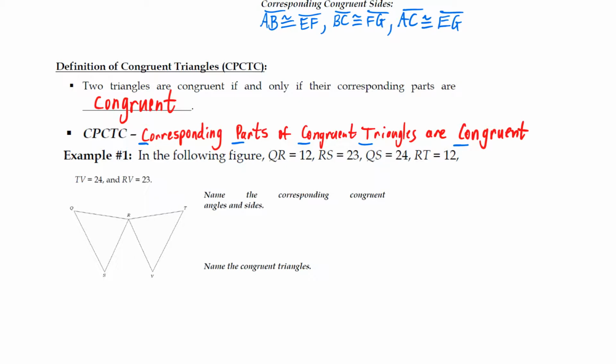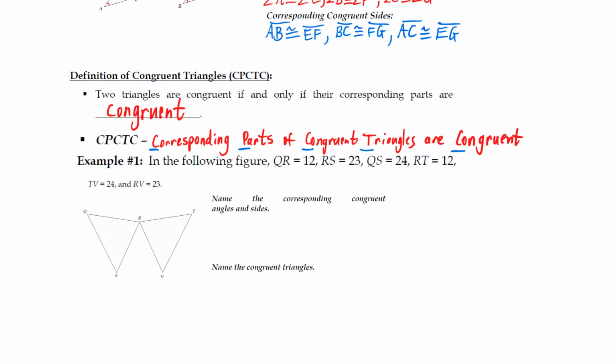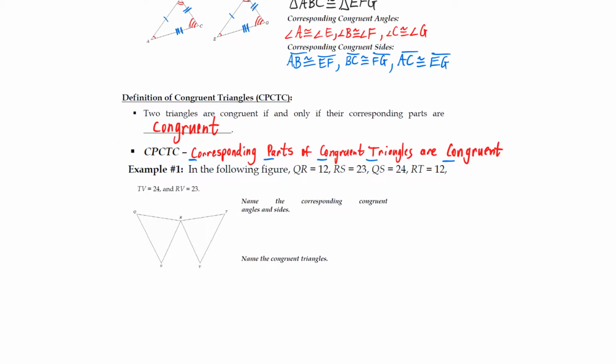So if you have 2 triangles that are congruent, the parts, the pieces that correspond between them are going to be congruent to each other also. Corresponding parts of congruent triangles are congruent.